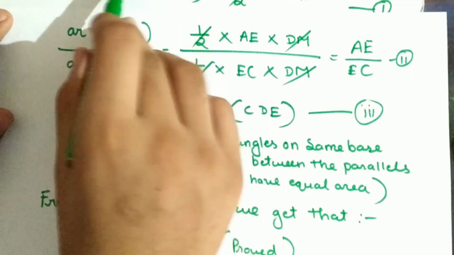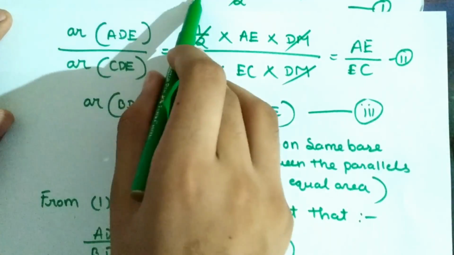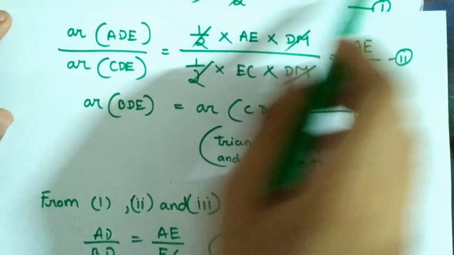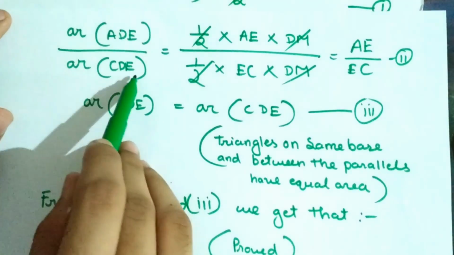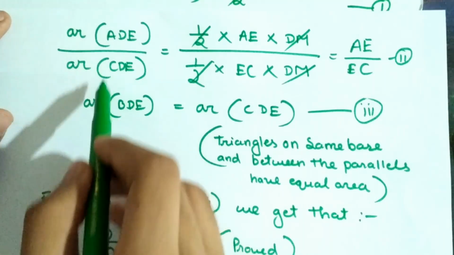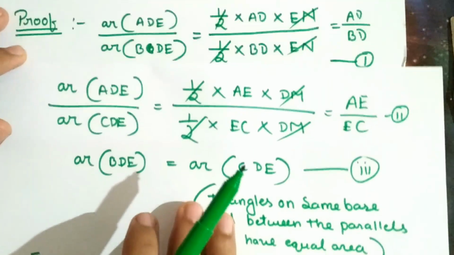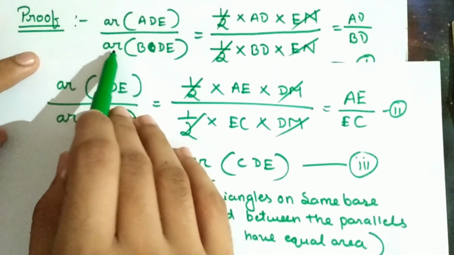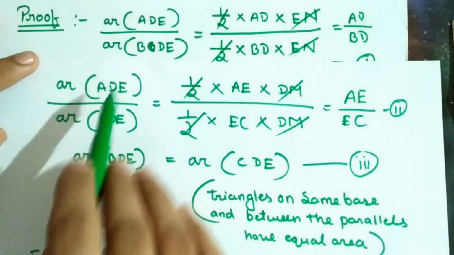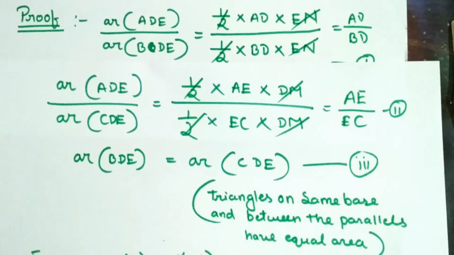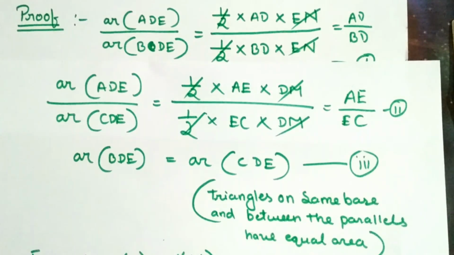Area ADE by area BDE is given, and area ADE by area CDE is given, and ADE and ADE here became the same, and what we have to do is just make area BDE equal to area CDE, which we have made here. So guys, clearly we have proved this theorem.